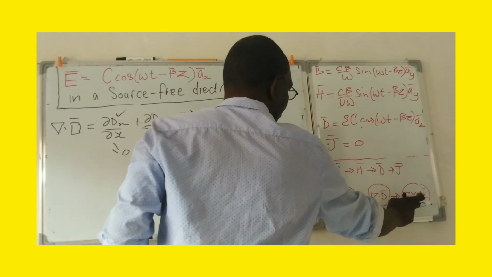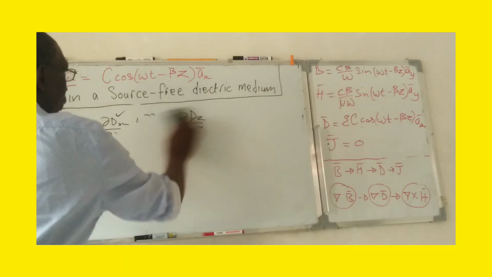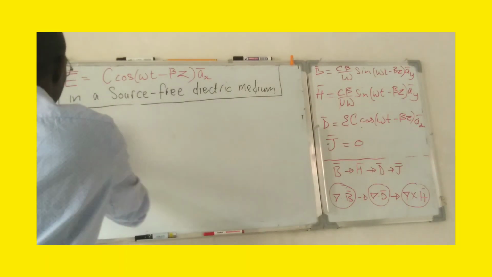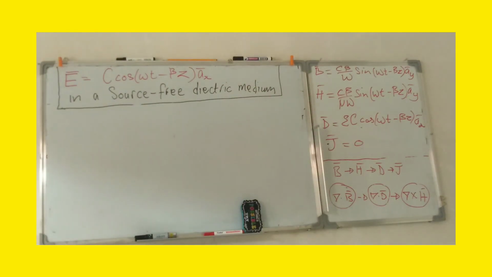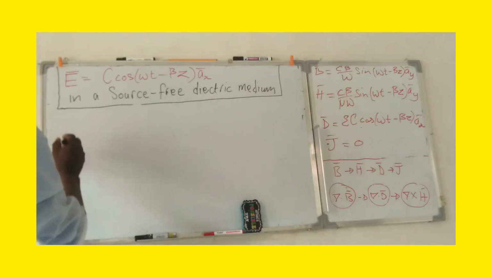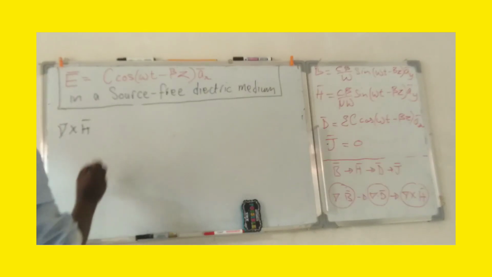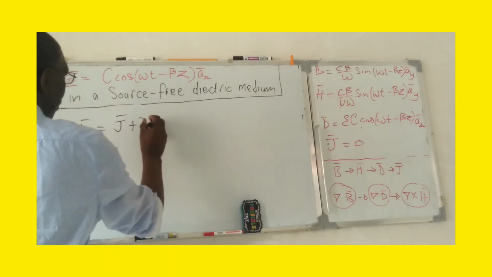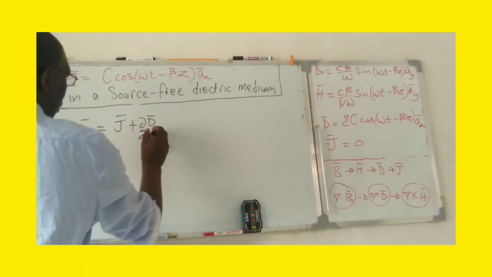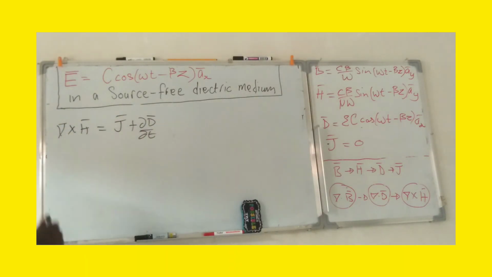Lastly, curl of H. The last part that we want to prove is curl of H. Right. So curl of H, it says curl of H is equal to J plus partial D partial T. But we saw earlier that J is equal to 0.